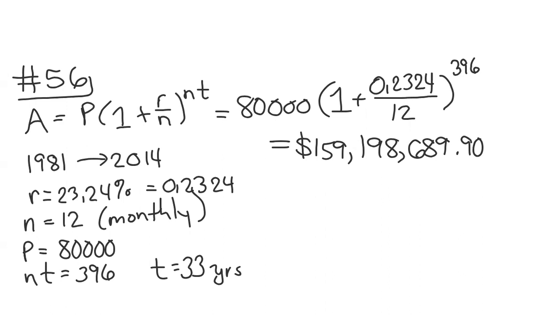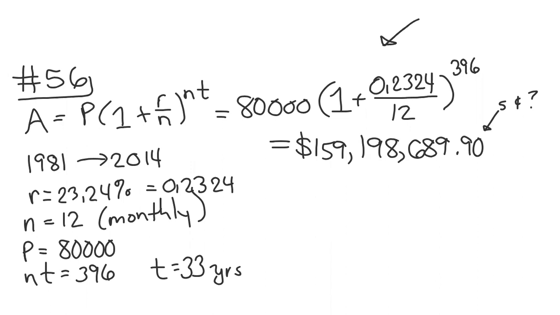I'm off by 5 cents, but I don't see why. The book has a 5 here, so I'm 5 cents off. But I stuck it in the calculator as you see here. So maybe my 396 is wrong.